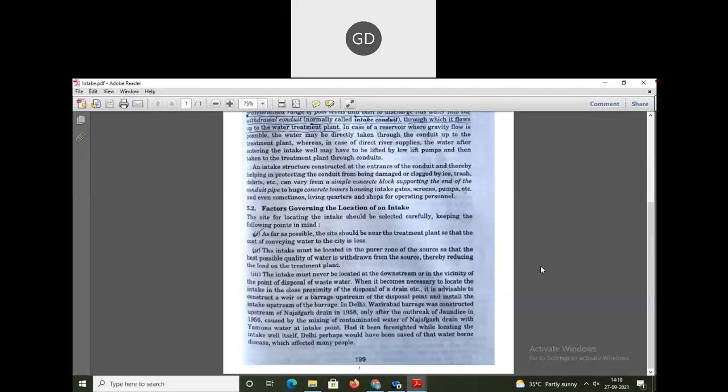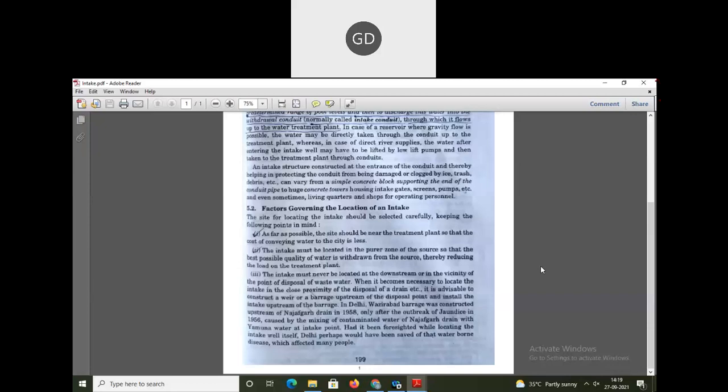Number two: the intake should be located in a purer zone of the source, so that the best possible quality of water is withdrawn. As much as possible, you should keep the location of the intake near the purer zone of the source, like the purer zone of the river, so that the water is clean.